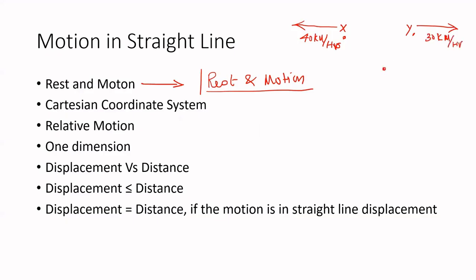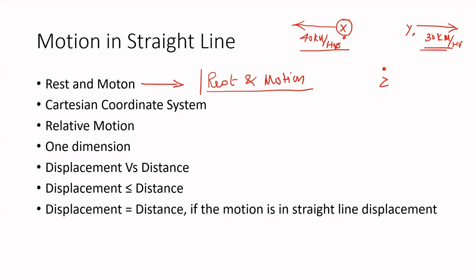I am standing here. So with respect to me, this x is moving at the rate of 40 km/h, towards the left. Similarly, I can say that this y is moving towards the right at the speed of 30 km/h.